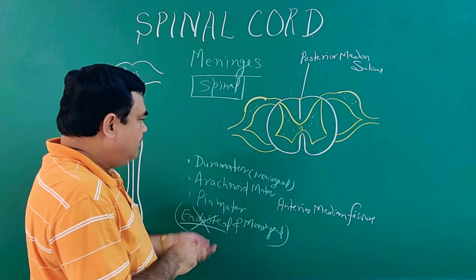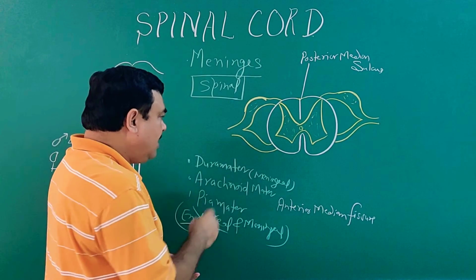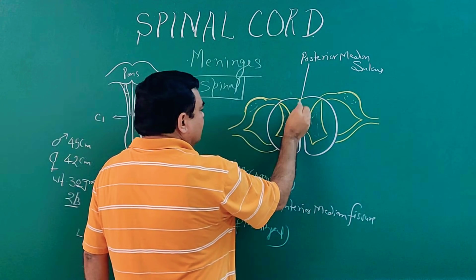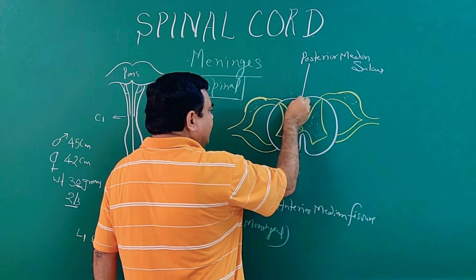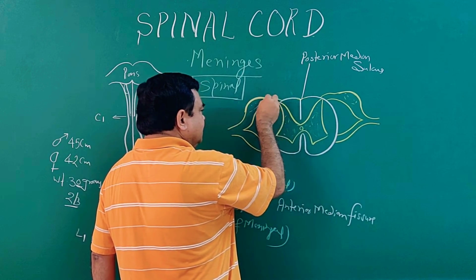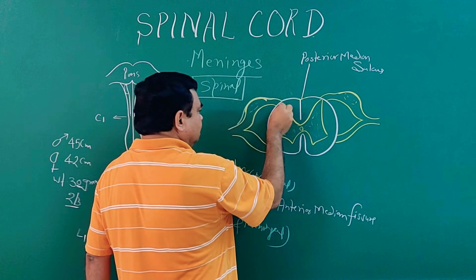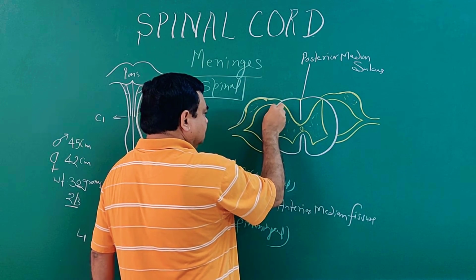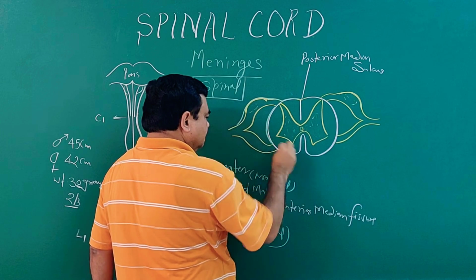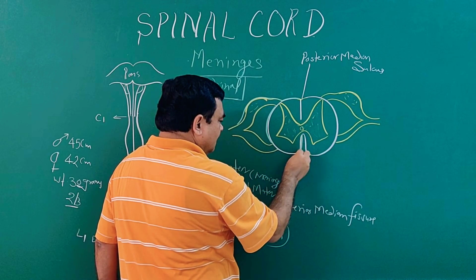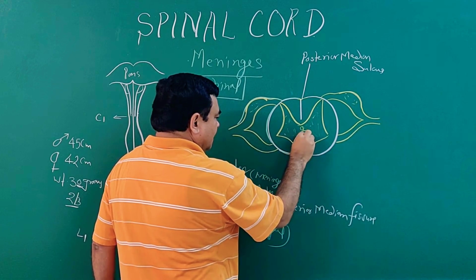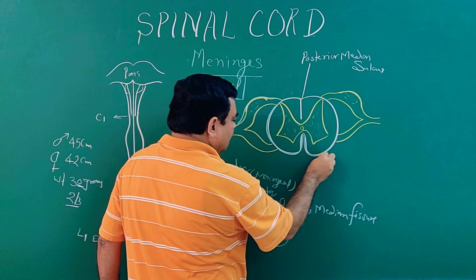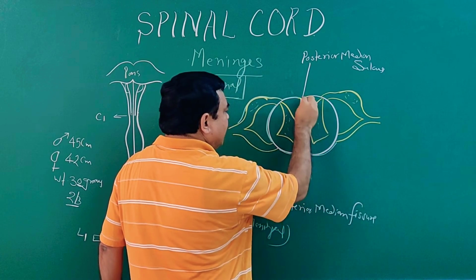So this is the pia mater, the innermost layer, which covers the spinal cord.